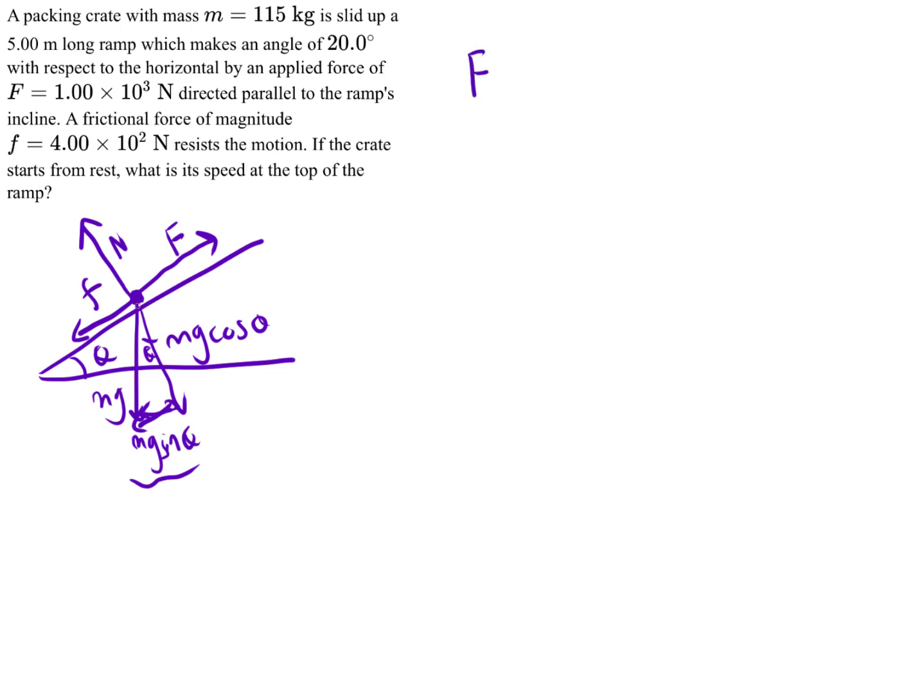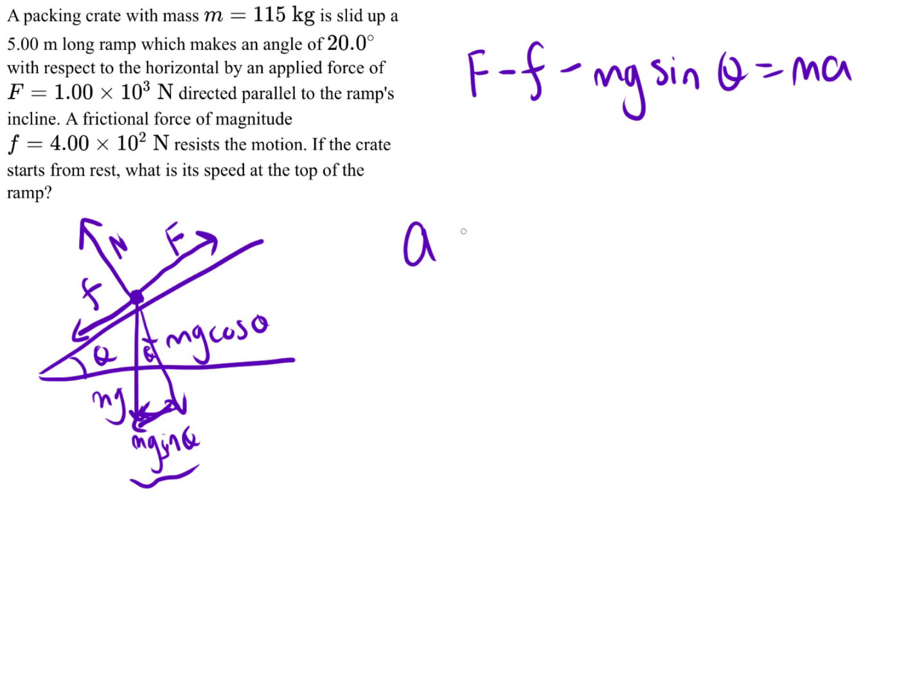And acting in the opposite direction, we have the force of gravity, one part of it, and the frictional force. F minus f minus mg sine theta equals ma, the mass times acceleration. Again, these two are both subtracted because friction opposes the applied force, and mg sine theta is also acting in the same direction as the frictional force, which opposes the applied force. And now we just need to solve for acceleration, and then we can just divide by mass.